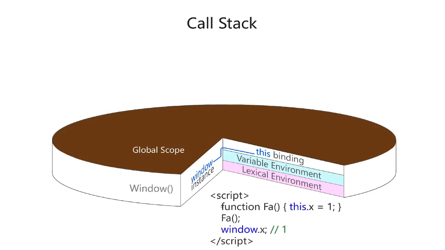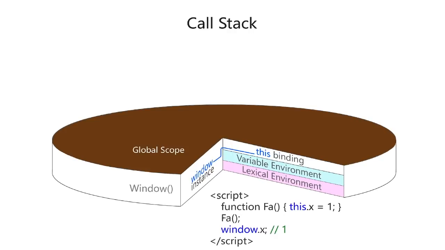Now let's say we create this function in the global scope and call it FA. Inside this function we assign the X property on the this object to 1. And so what happens here is that once we run FA function, because we're calling it from the global scope, this object inside this function will be actually equal to the global scope object.